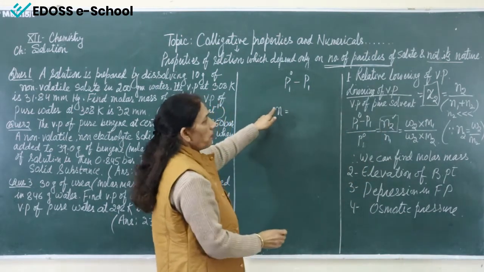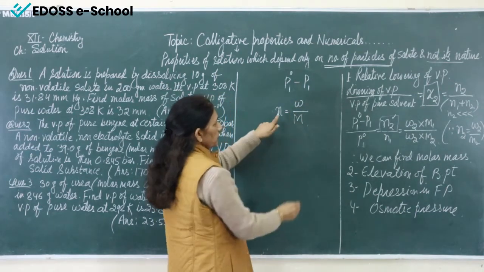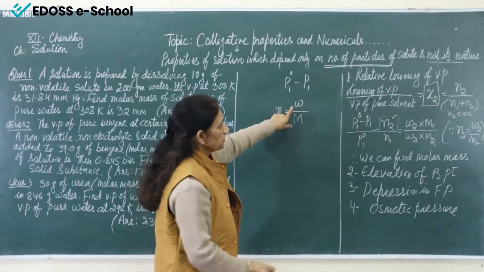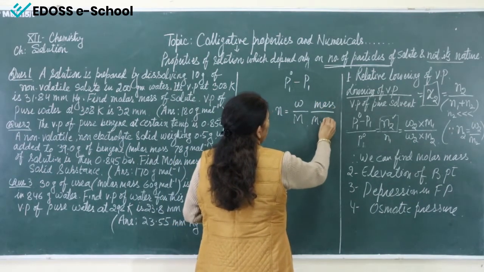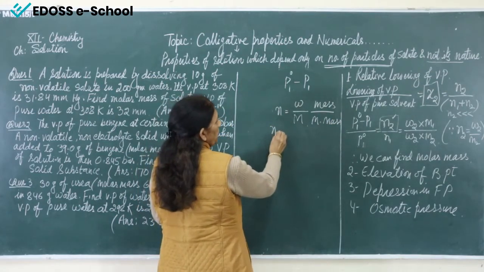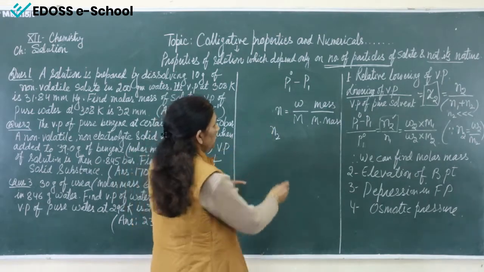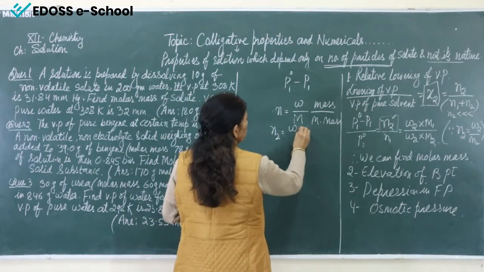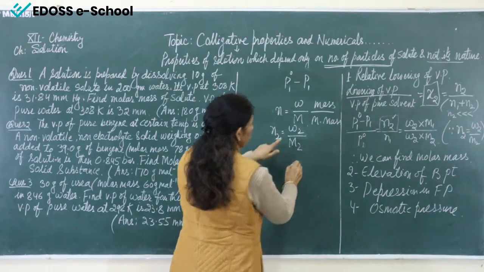Number of moles is always equal to mass upon molar mass. So for N2, the moles of solute, it will be W2 upon M2.